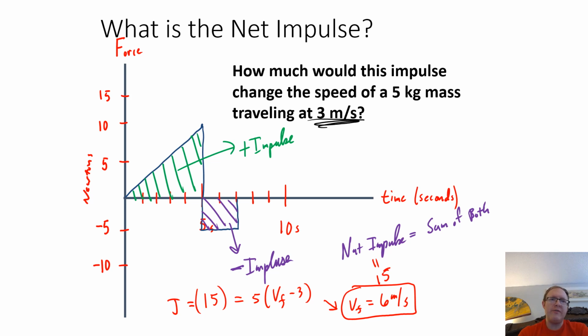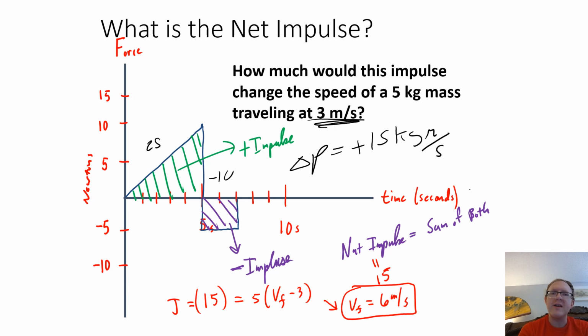The area of the first graph looks like 10 by 5, so it's 25. This area here looks like negative 10. So overall, the change in momentum that happened here is a positive 15 kilogram meters per second.